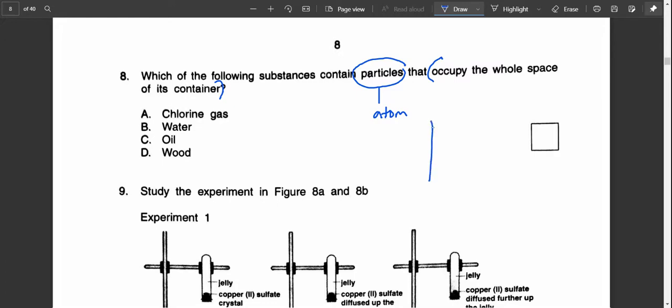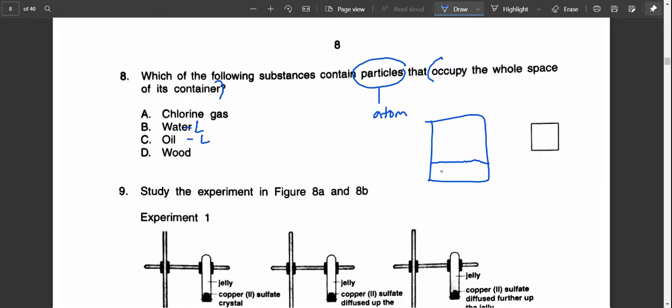For example, this is the container. If you put water, then the water will be until here. There might be some space that the water doesn't go to, so it doesn't touch all the space. Water is a liquid, oil is a liquid, so both of these will show the same characteristic.